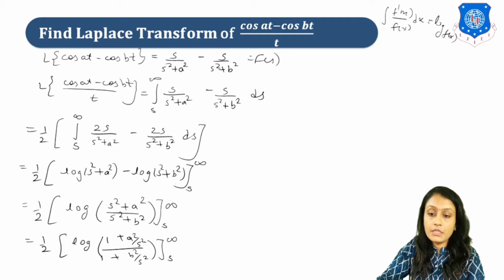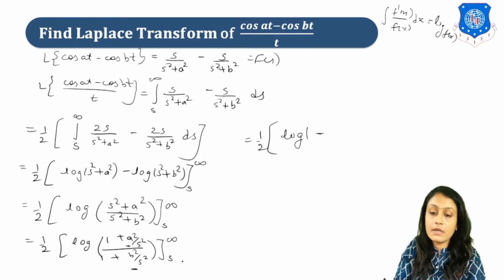So on substituting the limit in place of s, if you will substitute upper limit infinite, so 1 upon s will be 0. This term will be also 0. These two terms will go to 0. We have only log 1, right? So this is 1 by 2 log 1 minus, now substitute the lower limit. So again in place of s we have to substitute s only. Okay, so we will get the similar term.